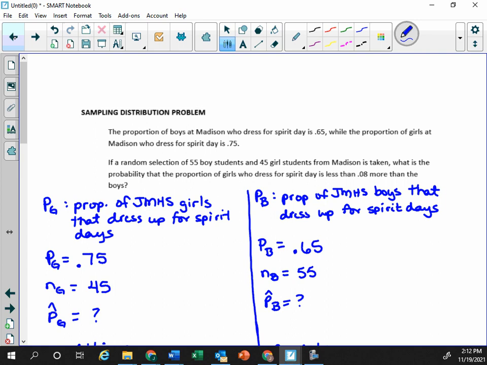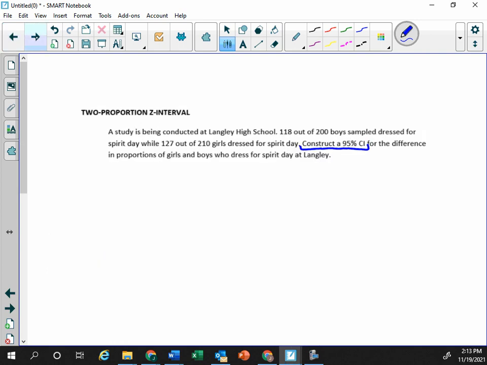Whereas the sampling distribution one just says, what is the probability or how likely is this to happen? That's when you know you're looking at just a sampling distribution problem, okay? All right, so let's do our confidence interval one.